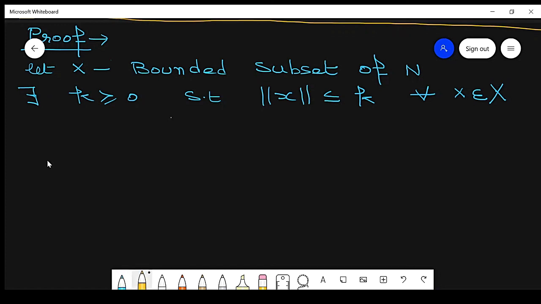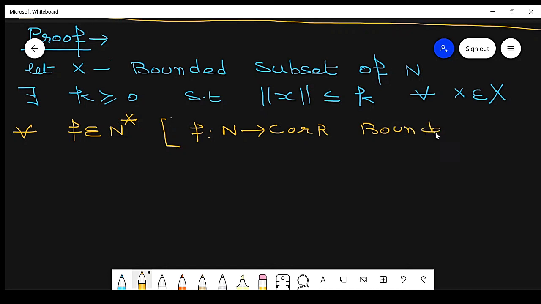Now for each f belongs to N star. First understand what N star is. N star is the set of maps from N to the field, which may be C or R, and these are bounded linear functionals.